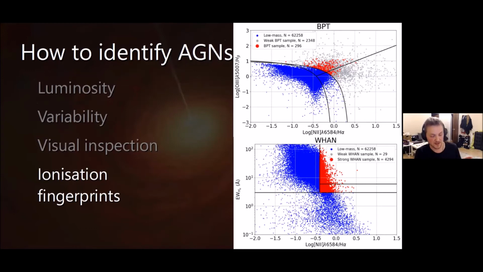So you measure the emission from these two emission lines, take the ratio between them, and then see where they fall on the diagram. The ionization, or the temperature and all the emission from an AGN, tends to produce somehow slightly different ionization fingerprints. And you can exploit this in these diagnostic diagrams.